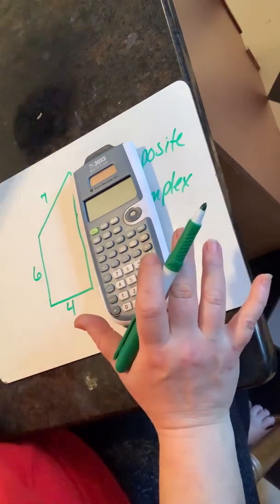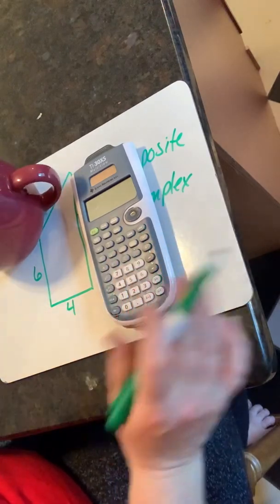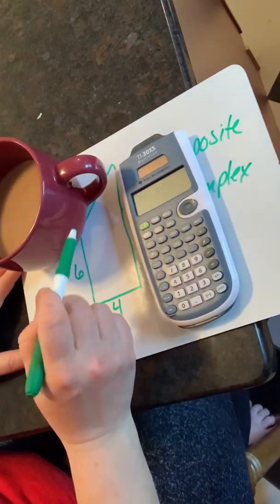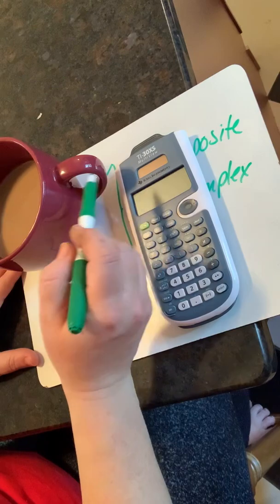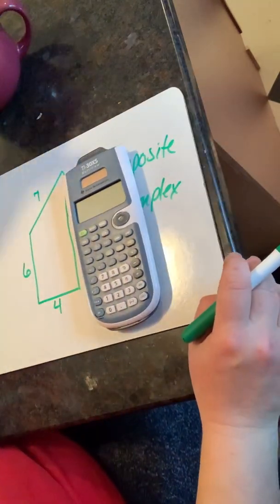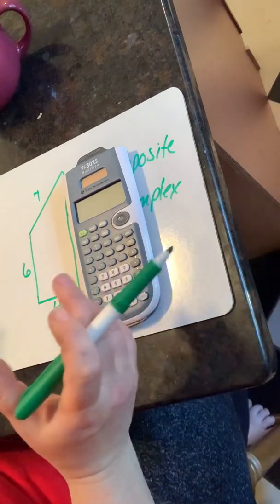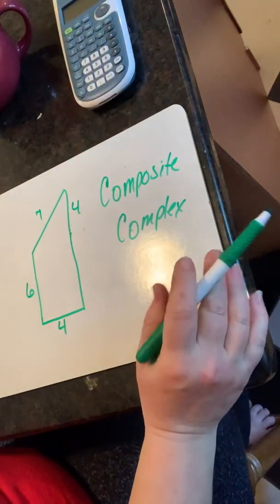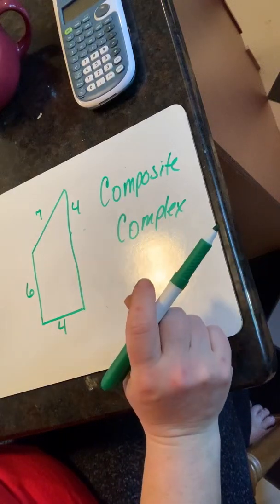My coffee mug is a cylinder with a semicircle. So being able to take an object and look at its components is what we're talking about right now. We're calling them composite shapes or complex shapes.